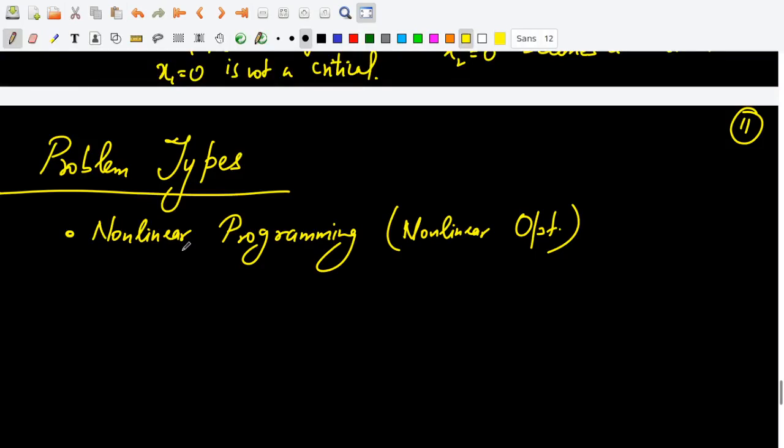And the algorithms for nonlinear programming usually work for other cases also, but they might be slow or they might not always converge, as we shall see later on.